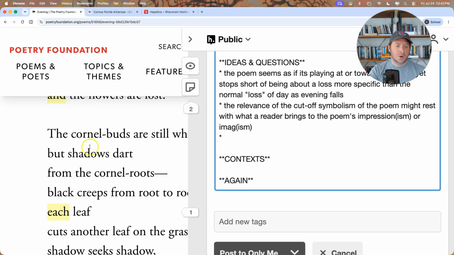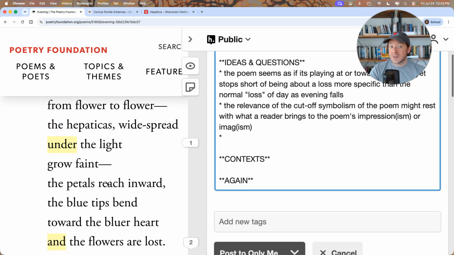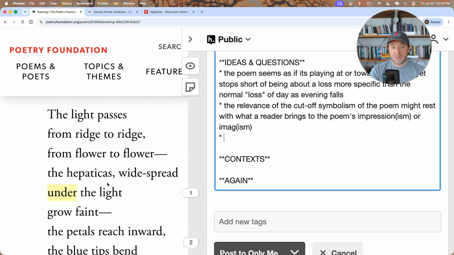I guess I don't know much about, say, the cultural history of these particular flowers. That could be another avenue to go down. So I might be looking ahead to context here. Cultural history of the plants referenced, especially with respect to their regions.